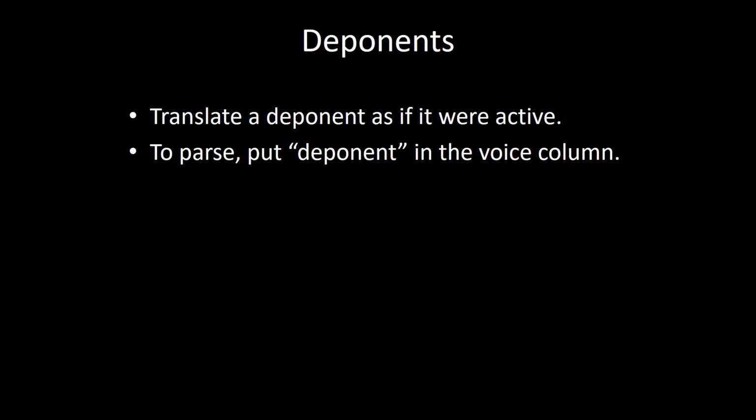And the reason I'll say that is because later on, we will have some forms that are only middle or only passive. And so in that case, what you could say is something middle deponent, something passive deponent. So best practice would be, for now, middle/passive deponent, but if you want to, just go ahead and put deponent. I will accept either one.